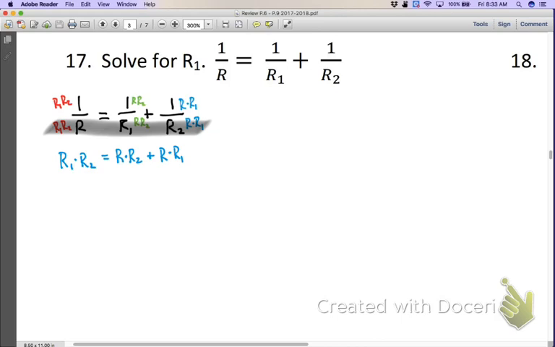That means I need to take this one that I have here and move it over to the other side. So in doing that, I have r sub 1 r sub 2 minus r times r sub 1 equals r times r sub 2.